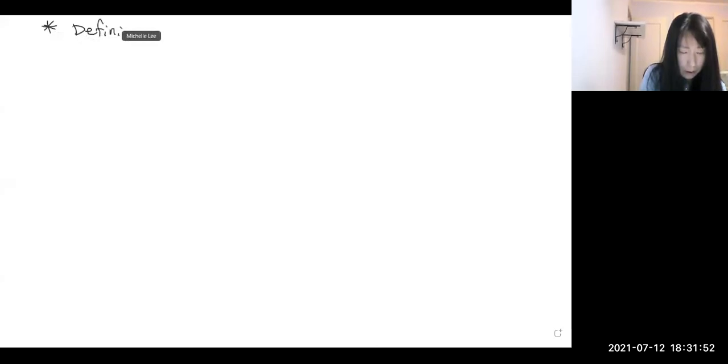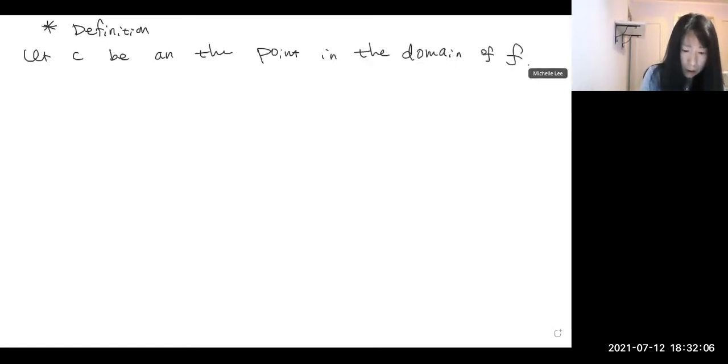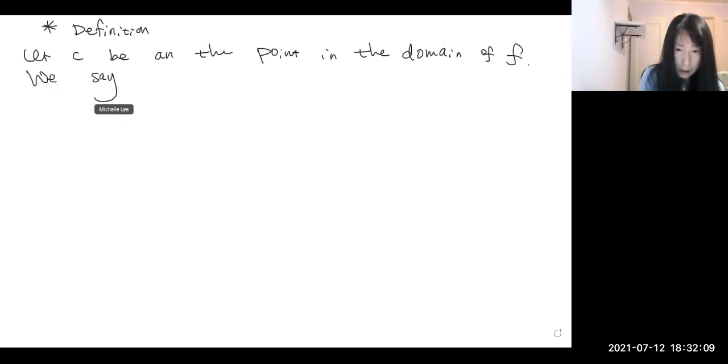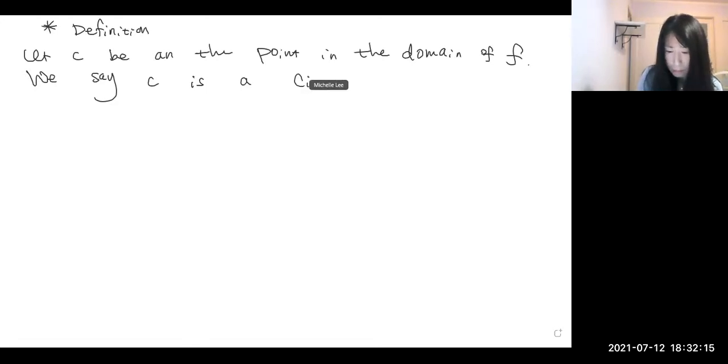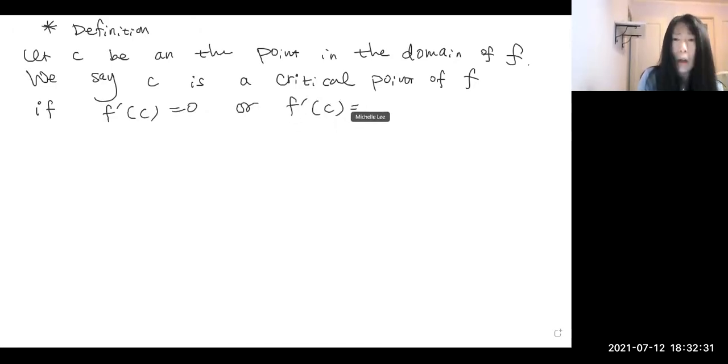Let's see, a point in the domain of f, we say c is a critical point of f if f prime of c equals 0 or f prime of c is undefined.